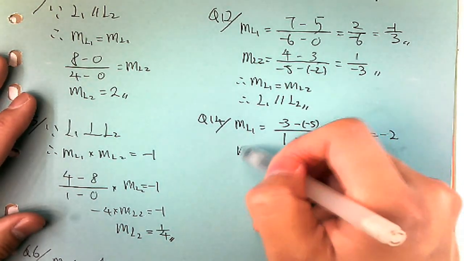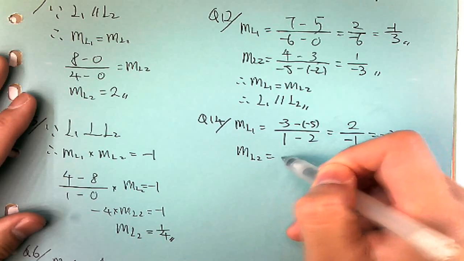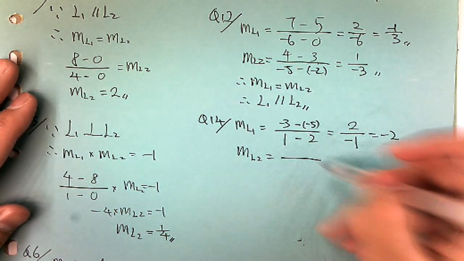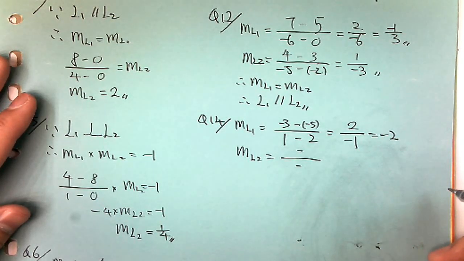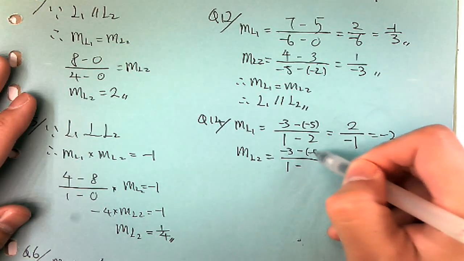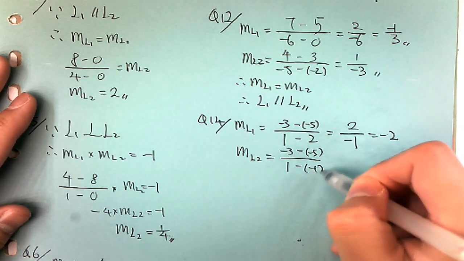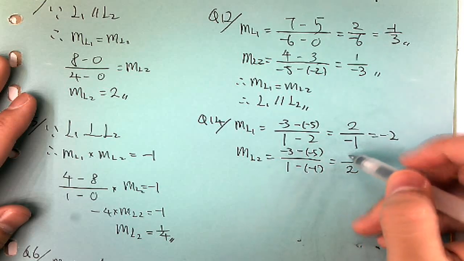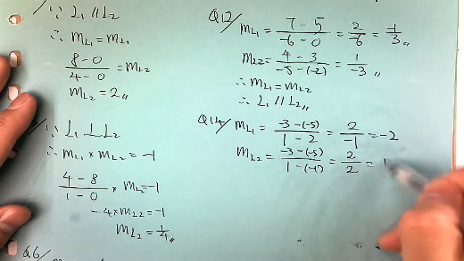Put it there. And then for mL2, the same way, you can use point A and point B, right? Okay, put a minus sign first, and then -3 and 1 here, -5 and -1. So below here is 2, above here is 2, okay, it's 1.